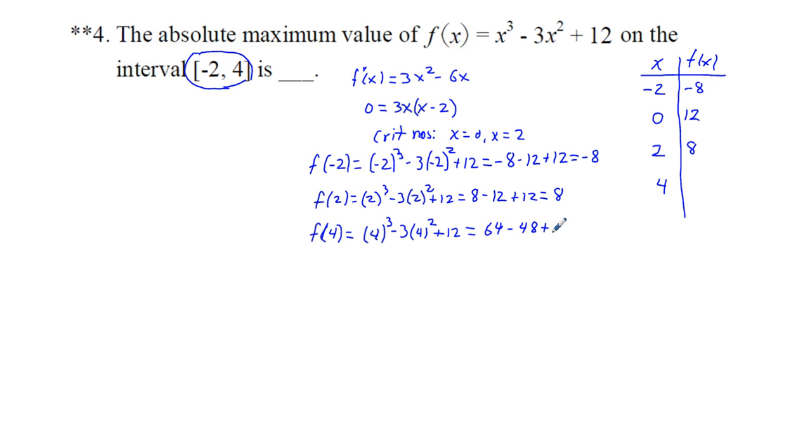And then plus 12. And that's going to be 64 minus 48 is 16, plus 12 is equal to 28. So 28, here we go. So we have, to make a conclusion, absolute maximum of 28, where x is equal to 4.